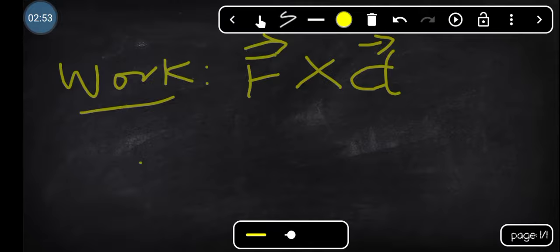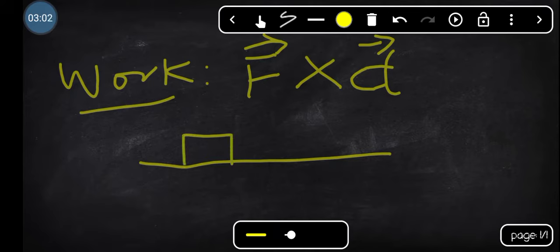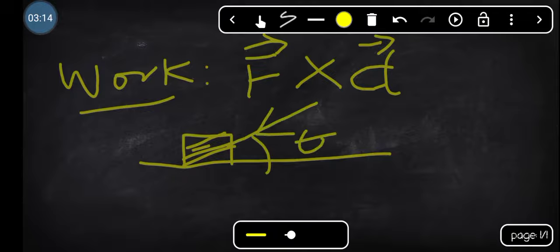So if we have an object on a horizontal surface and we want to push the object, maybe we are applying a force F at an angle of theta through this distance.